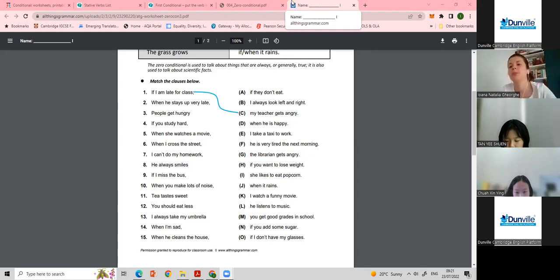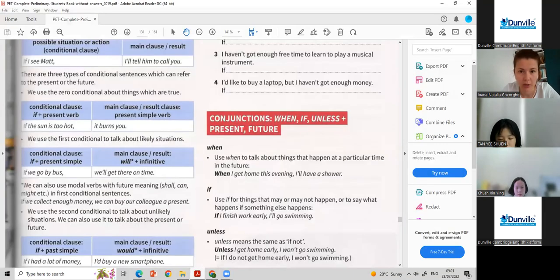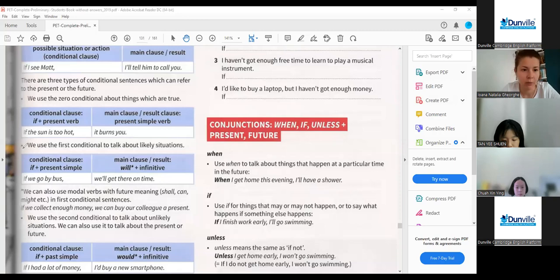Yeah, okay, perfect. Now, let's have a look at the first conditional, the one that we were confusing it with. So let me go back to the textbook, just show you an example first of all. We are reading over here. We use the first conditional to talk about likely situations.